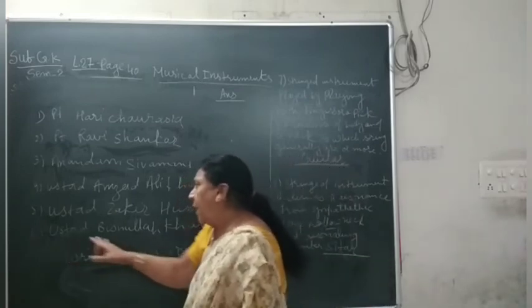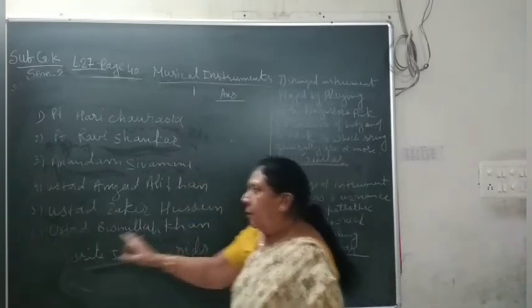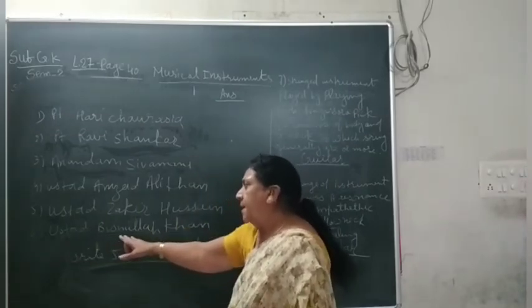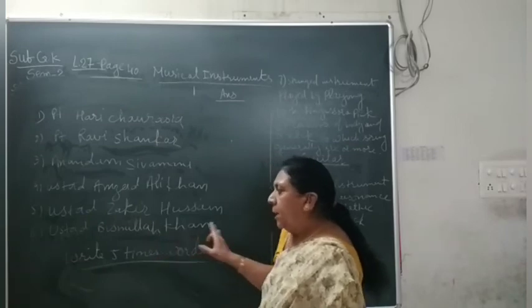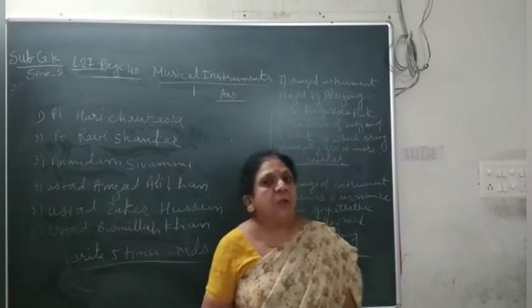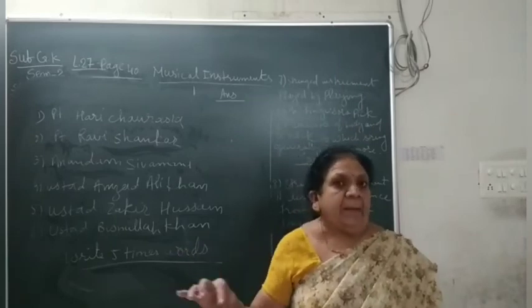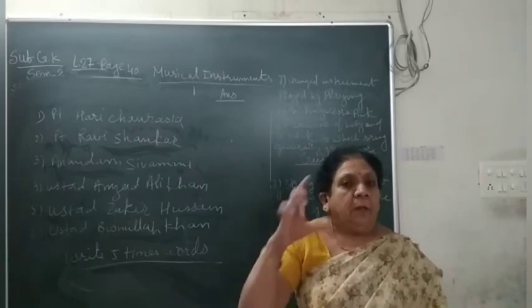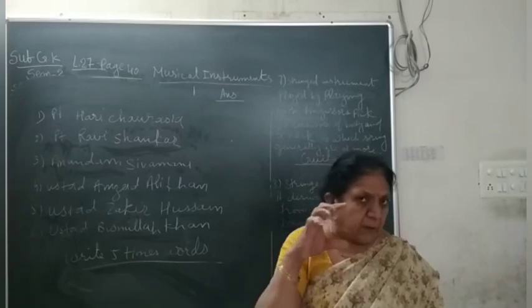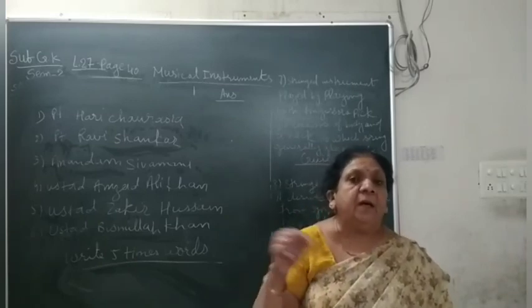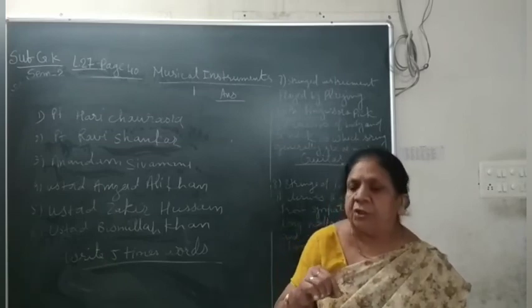Sixth is Ustad Bismillah Khan, B-I-S-M-I-L-L-A-H Khan. In the examination, if photos are given with musical instruments, there will be a dash below, and you have to write the name of the musician.